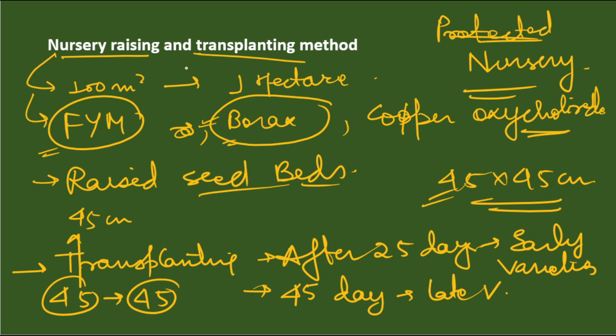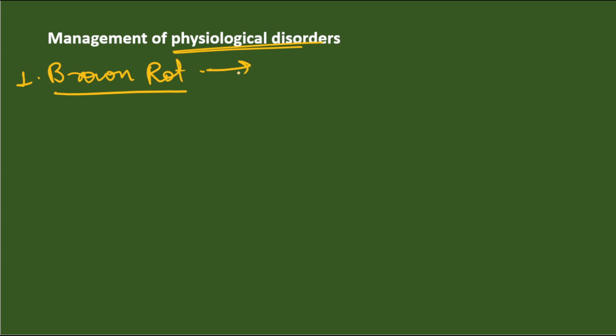I hope you are able to understand some points which you can mention in your answer. Now move to the important thing which you need to remember very nicely, because these are some unique physiological disorders in cauliflowers, so you need to manage them. The first physiological disorder is brown rot. It is sometimes also known as browning, but generally known as brown rot. It is caused due to the deficiency of boron.